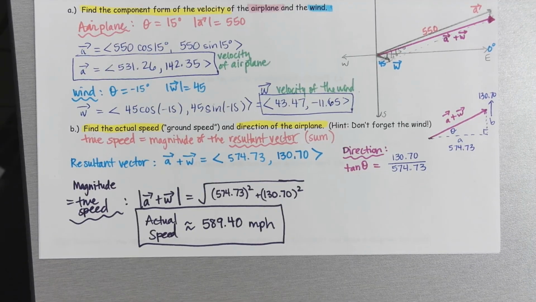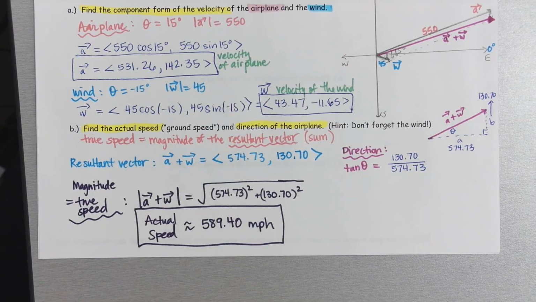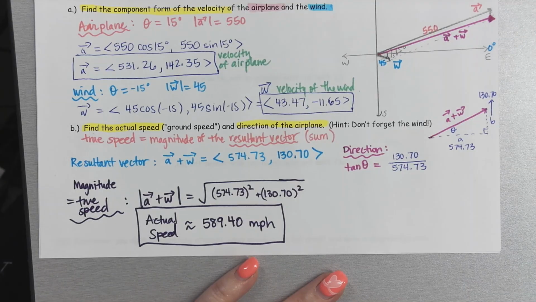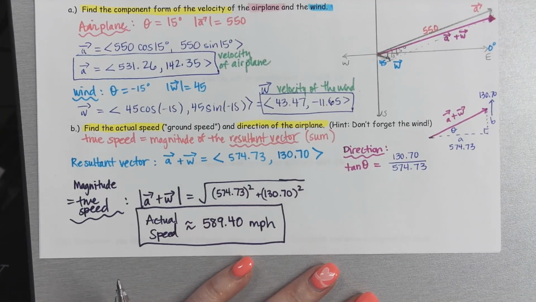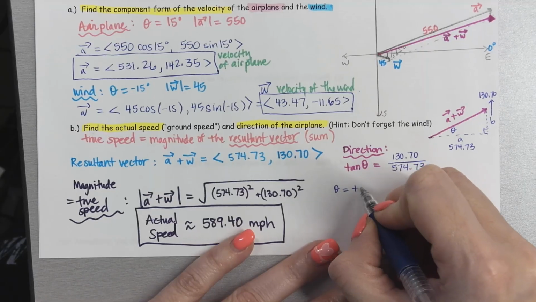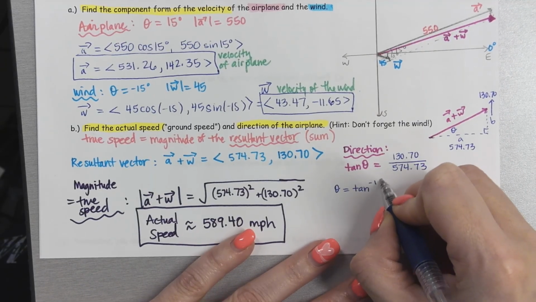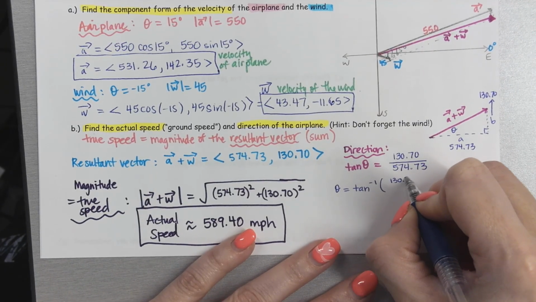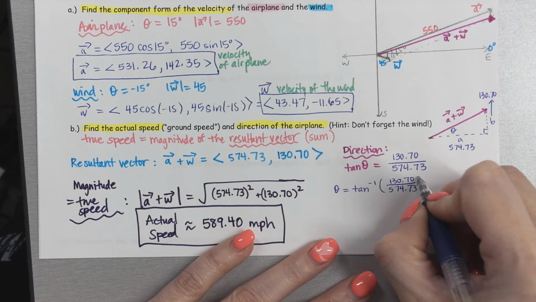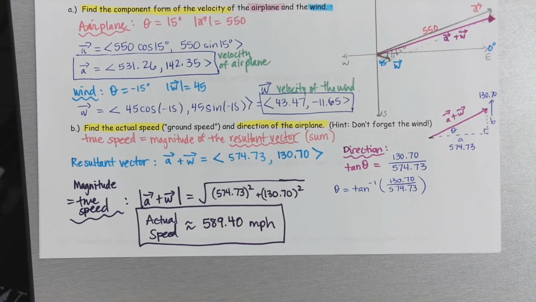We can also think of that as the opposite over the adjacent. Because remember when we learned tangent, it was opposite over adjacent? That's the same thing we have here. So to find the measure of this angle, we just have to use our inverse tangent.